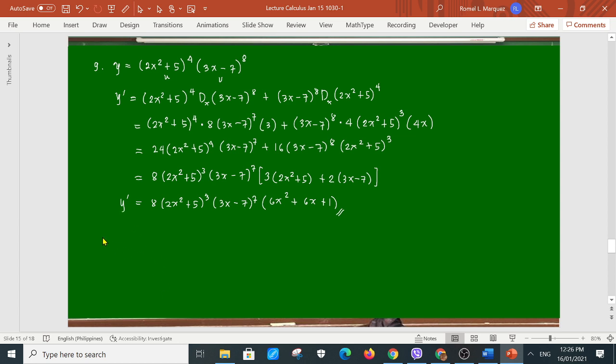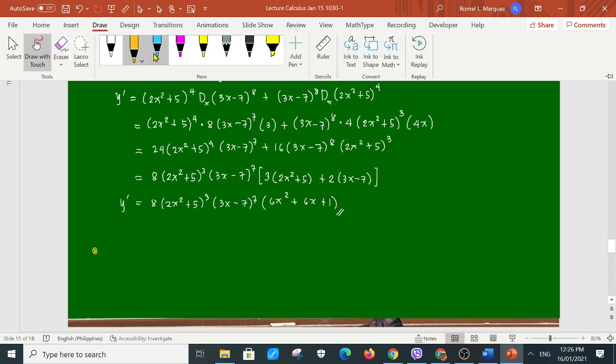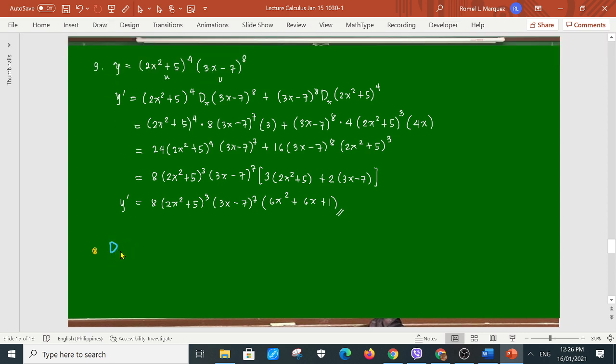By the way, there is a special formula if you have a square root. Derivative of square root.